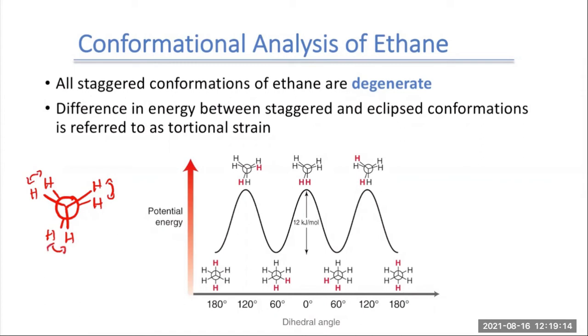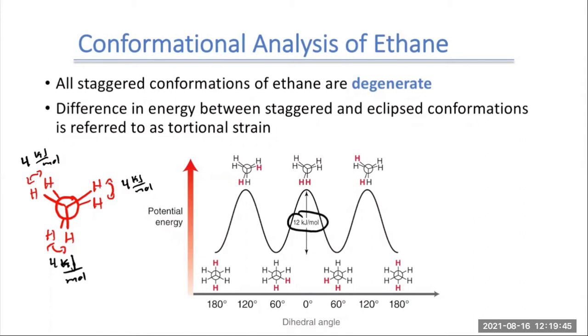That interaction is about 4 kilojoules per mole. Not much, but there's a little bit. So each one of those is 4 kilojoules per mole. And so since each one is 4 kilojoules per mole, 4 plus 4 plus 4 gives us 12.